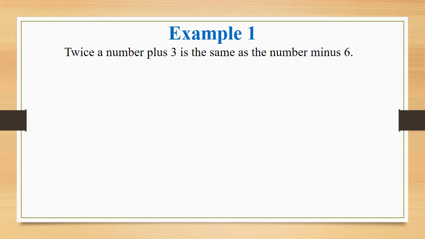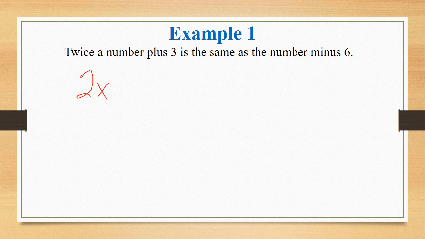So we have: twice the number plus 3 is the same as the number minus 6. Let's break this down. Twice the number: if I read twice, that means 2. A number, do I know what it is? No. So what do I use to show an unknown? X. So we have 2x plus 3.